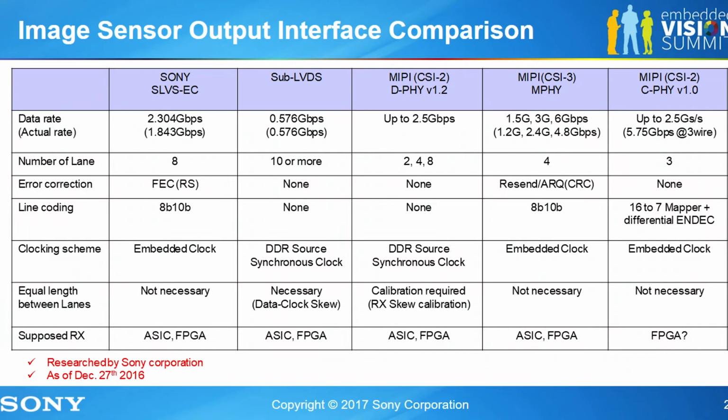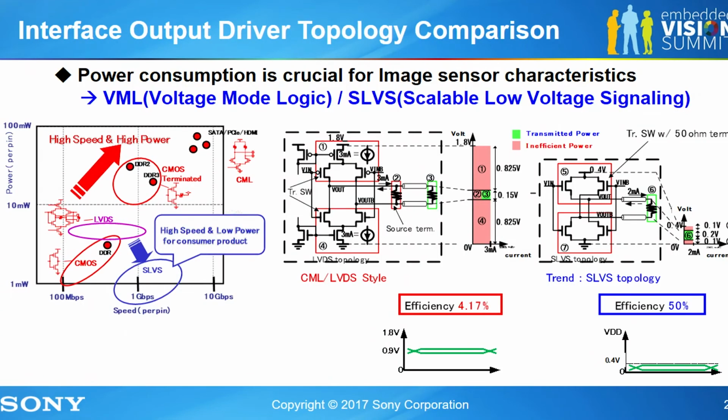And of course we have MIPI, and even MIPI has a lot of choices. So it's making a lot of confusion. But I believe it's good to have this kind of menu. It's always good to have the menu. The point is to pick the best choice for your system. So I will try to guide you.